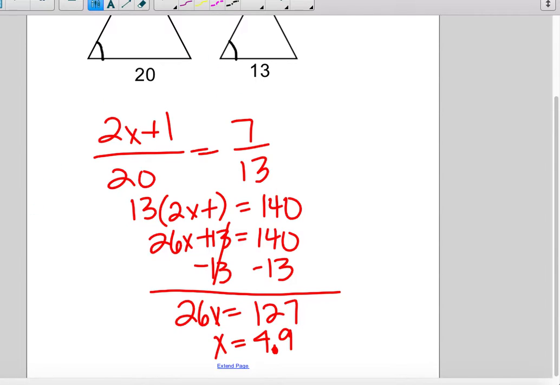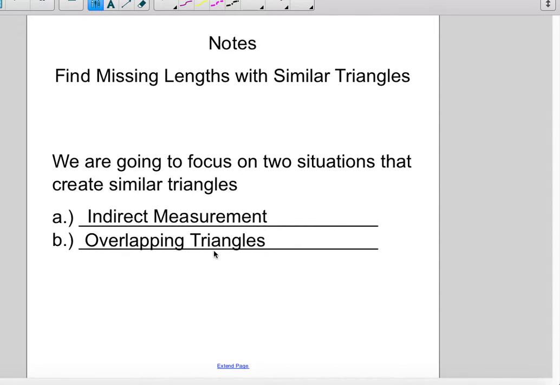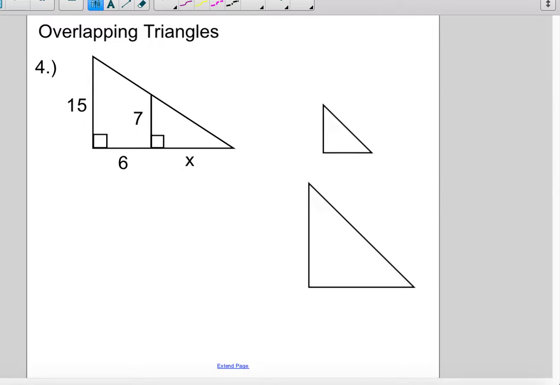And so the other situation here that we wrote down at the beginning would be, if you remember, overlapping triangles. And that's kind of a newer idea for us. So let's look at example 4 together. So overlapping triangles, you'd have a problem that looked about like this.